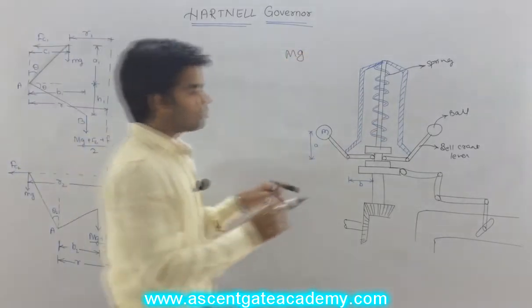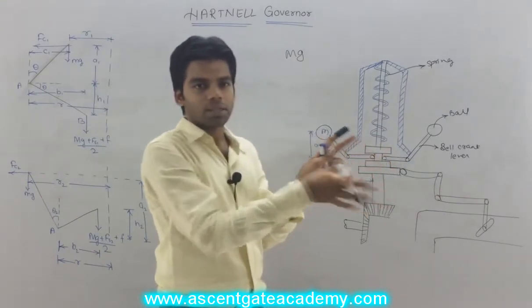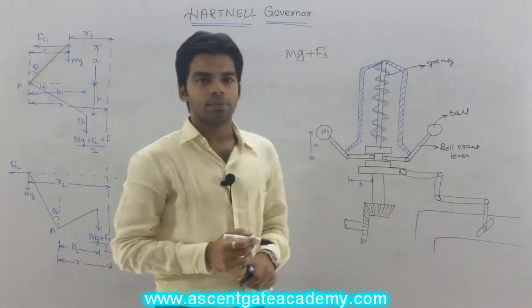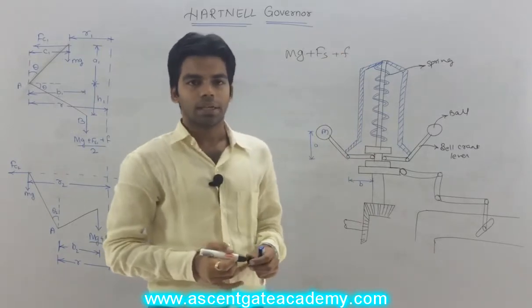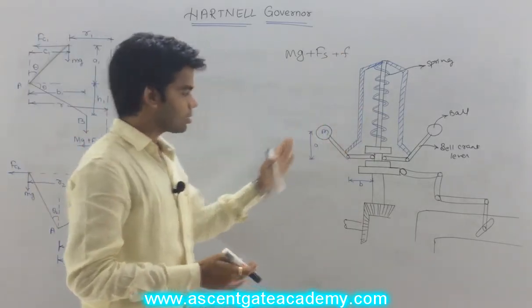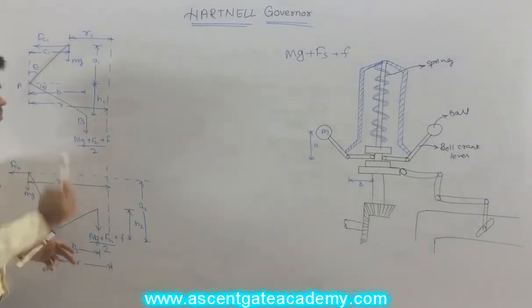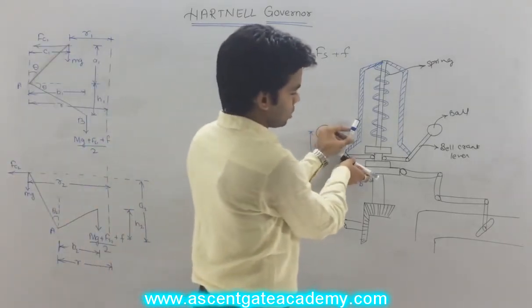And apart from this, a spring force will be acting, because this is displacing the spring, then obviously there will be a spring force, and apart from this, a frictional force will also act. Getting this or not? Okay, so total force, as we are considering one side, will be half, which is equal to mg plus fs1 plus f by 2. fs1, we are taking the force of the spring in this lowest position.